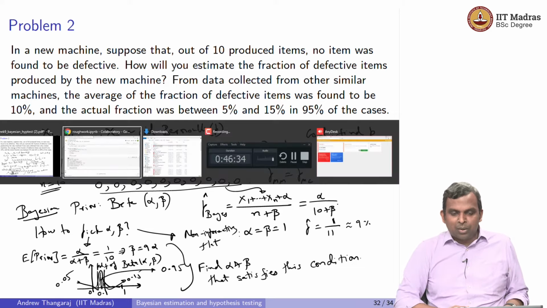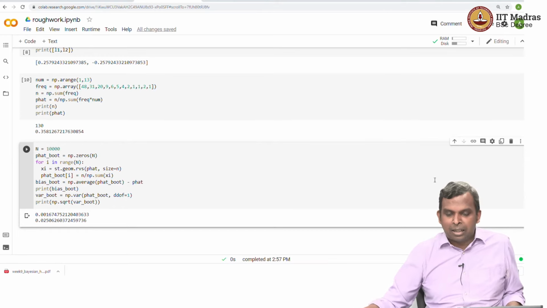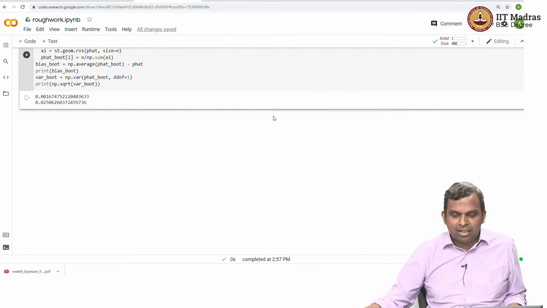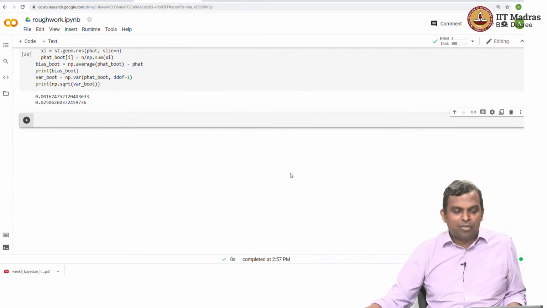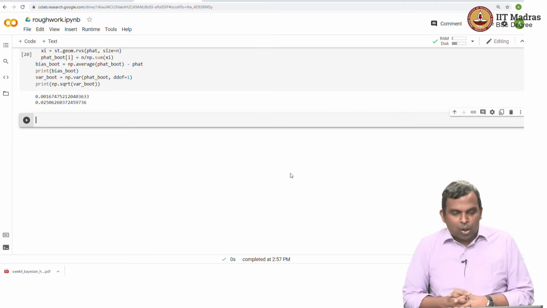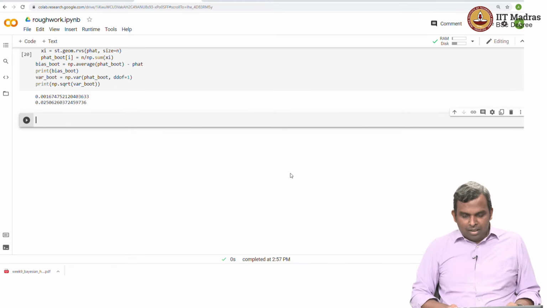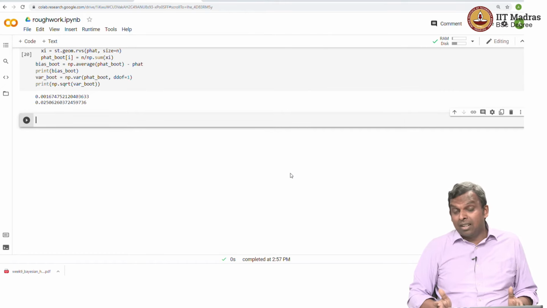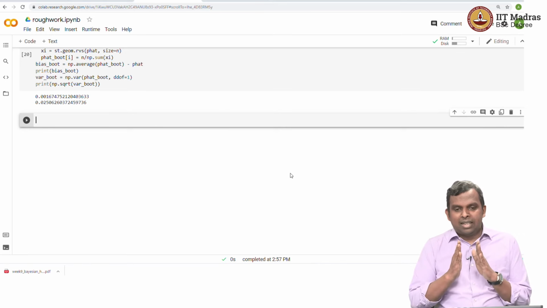You can use once again our tried and tested SciPy stats to see if we can figure this out. There is this beta distribution, and SciPy stats has it, which has a CDF function also. But you don't just want the CDF, it's between 0.05 and 0.15.